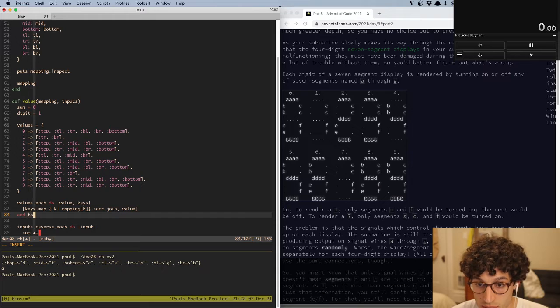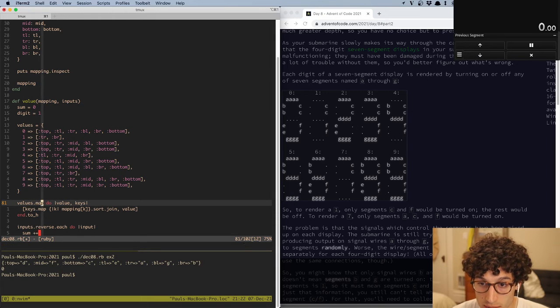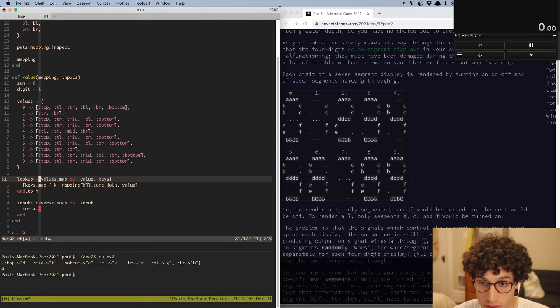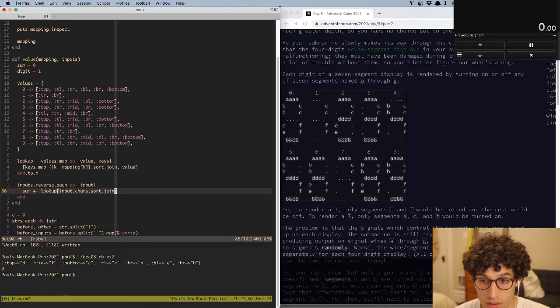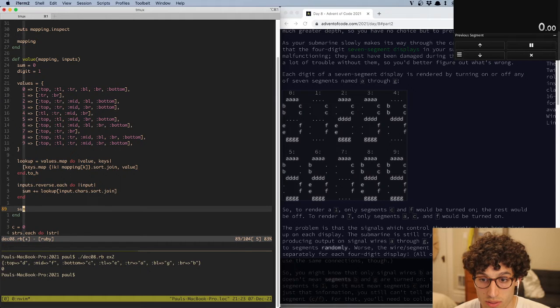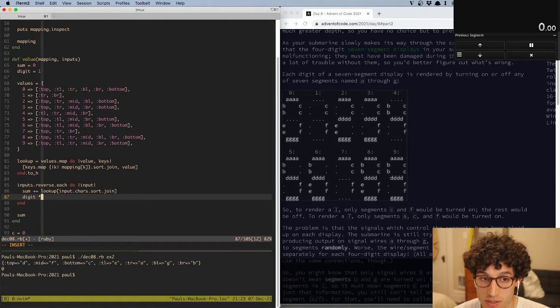Value to h map lookup. Sum lookup input.chars.sort.join. Sum digit times equals 10.